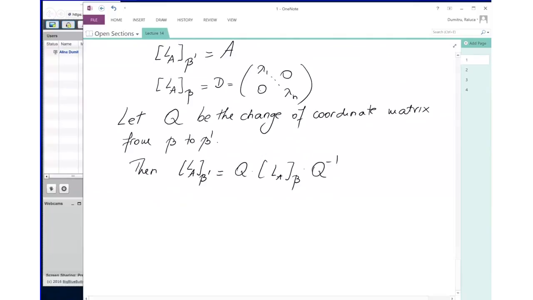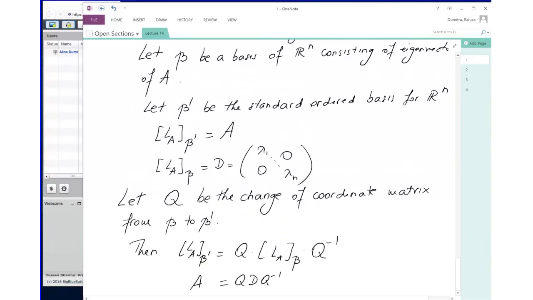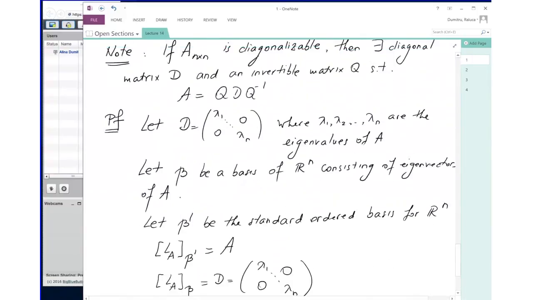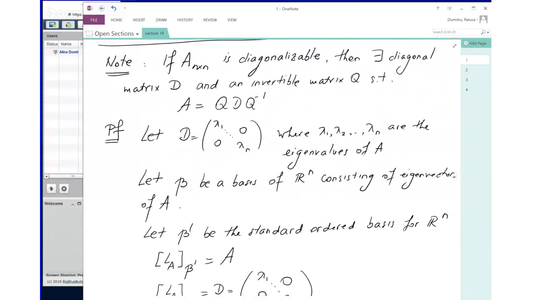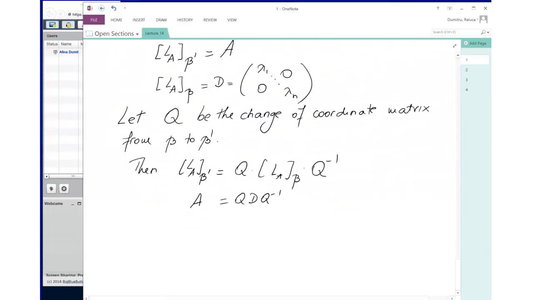Okay, the matrix of L_A in beta is D. The matrix of L_A in beta prime is A. Right? So we got that A is Q D Q inverse. I know that Q exists, but in applications it doesn't mean much. So let's look into it and see who exactly is this matrix Q.